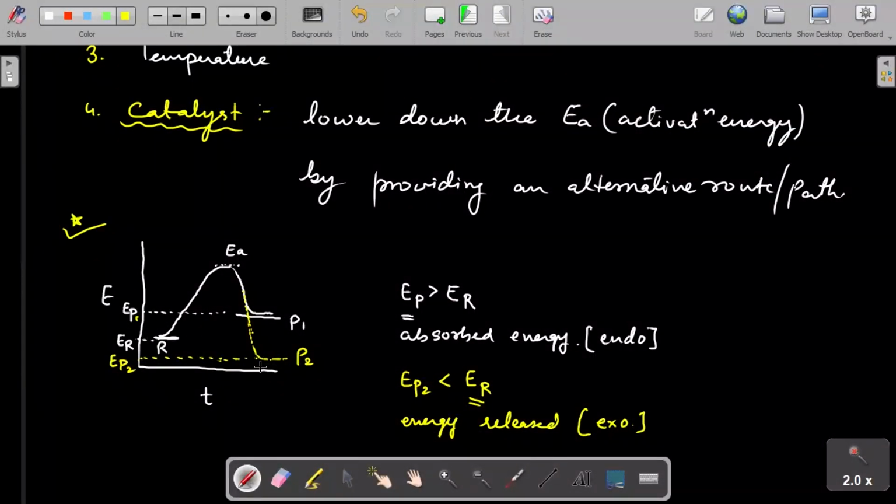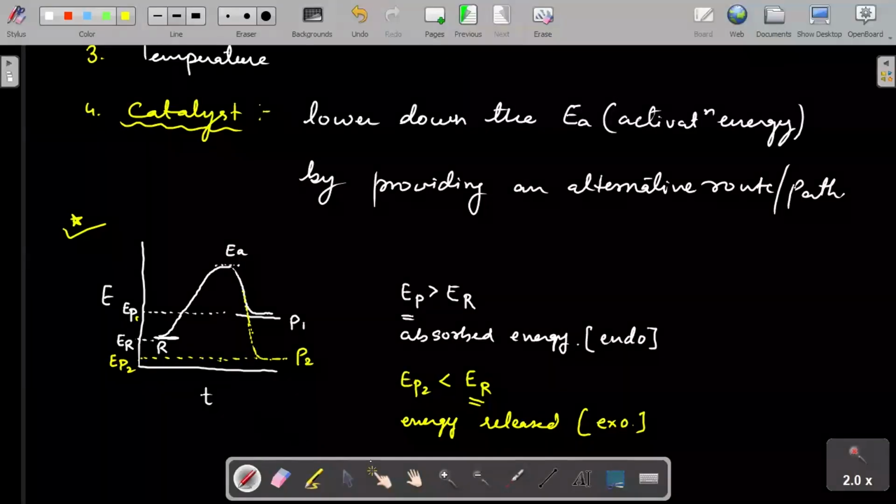In one of the board papers, I saw this graph. By looking at the graph, you have to tell whether the reaction is endothermic or exothermic.